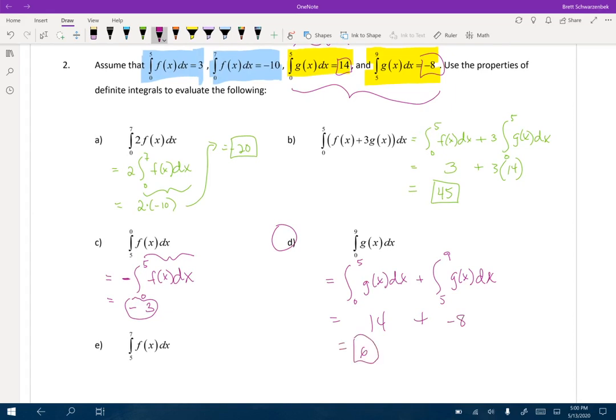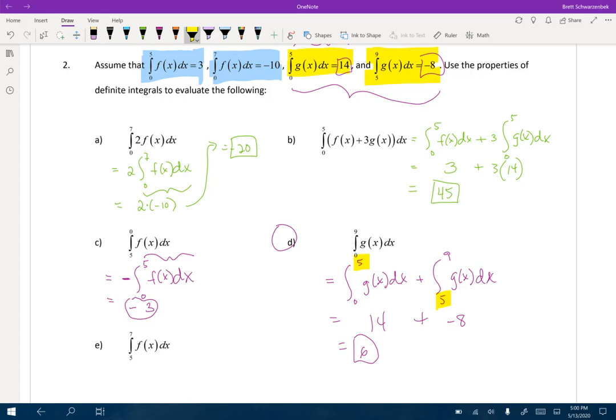Now, I want to do a little bit of a side note here, an aside, because some students get really messed up by this in their heads. They look at this and they're not quite understanding. They'll say, well, aren't you including 5 twice? I've heard that many times over the years, and the answer is absolutely not.